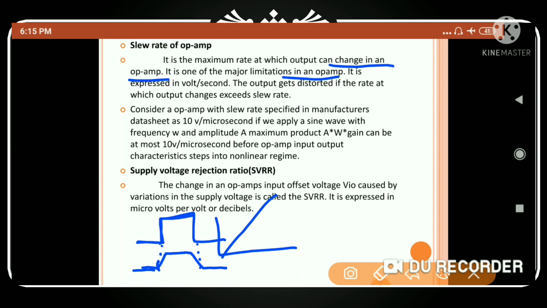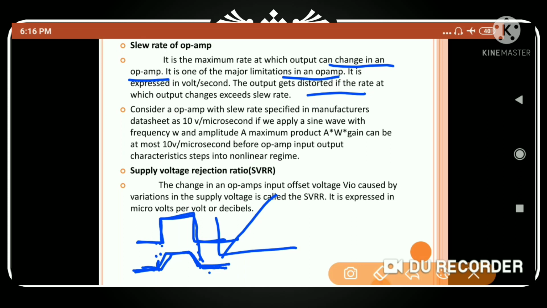If the input signal is like this, then the output is this one. This is one of the limitations of an op-amp. After the slew rate is exceeded, the output gets lower.